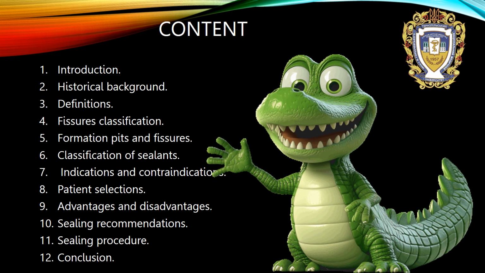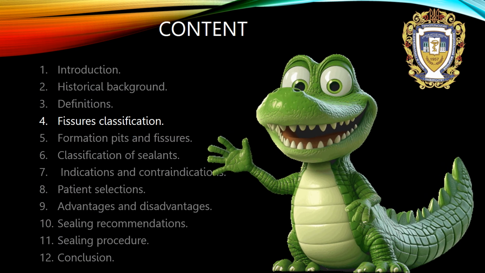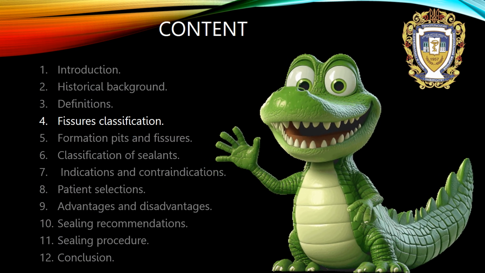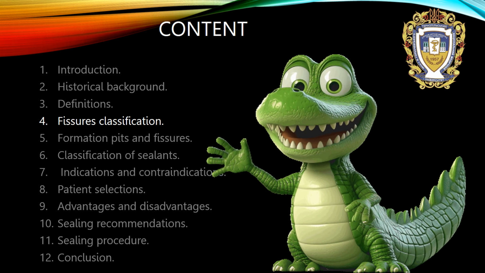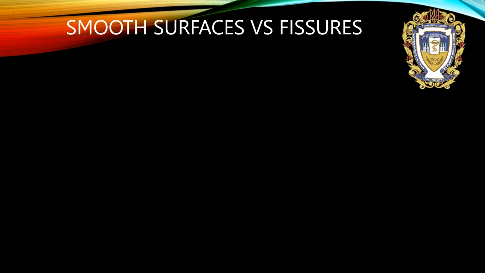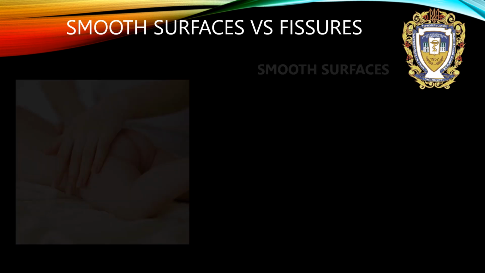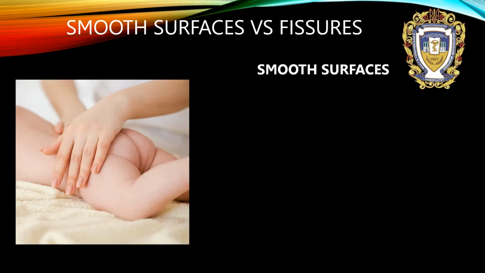So let's go to the next chapter, fissures classification. First of all, we need to differentiate smooth surfaces and fissures. And we need to understand how we can prevent caries in smooth surfaces.